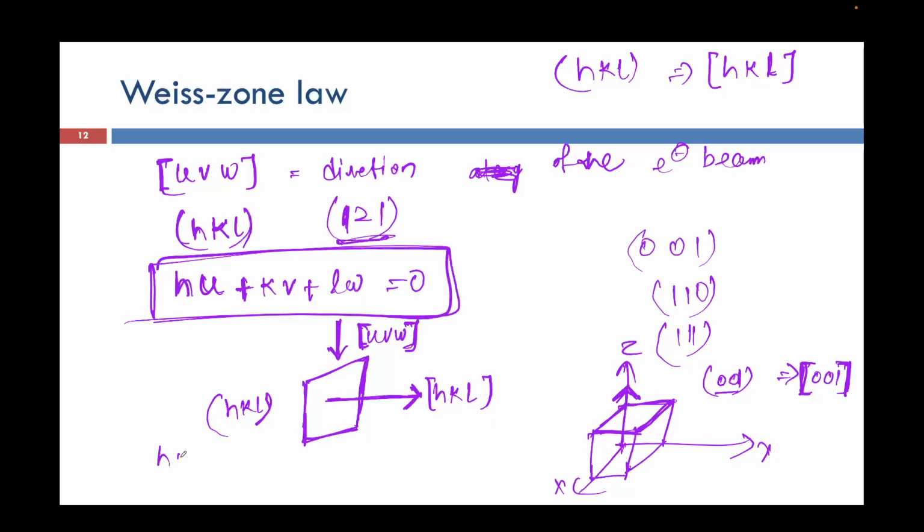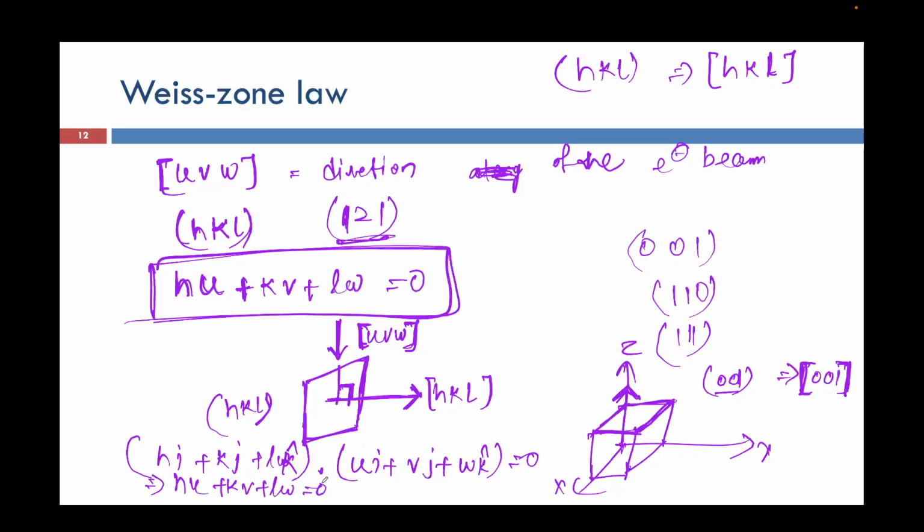So I can write H i plus K j plus L k, and dot it with U i plus V j plus W k. Since these two are perpendicular to each other, the multiplication of this will be 0, which gives me HU plus KV plus LW is equal to 0.